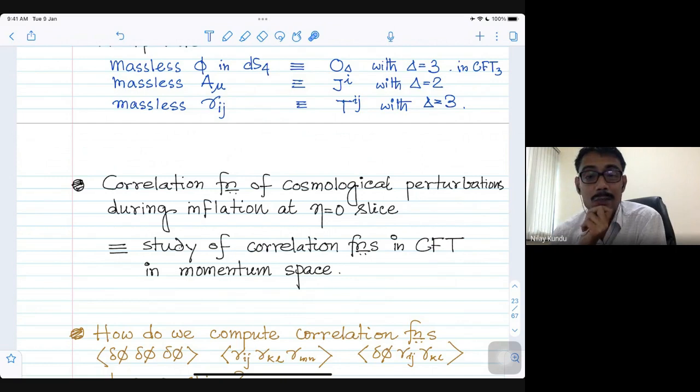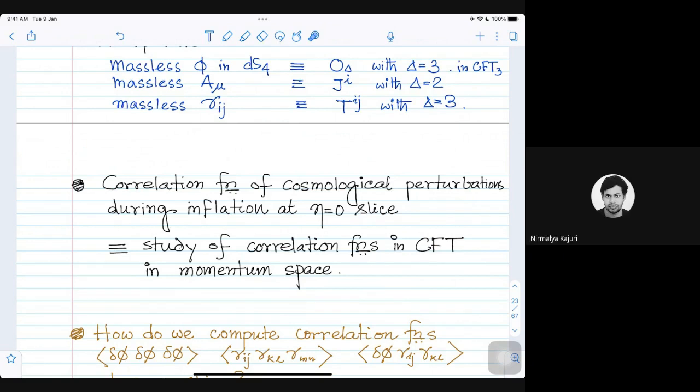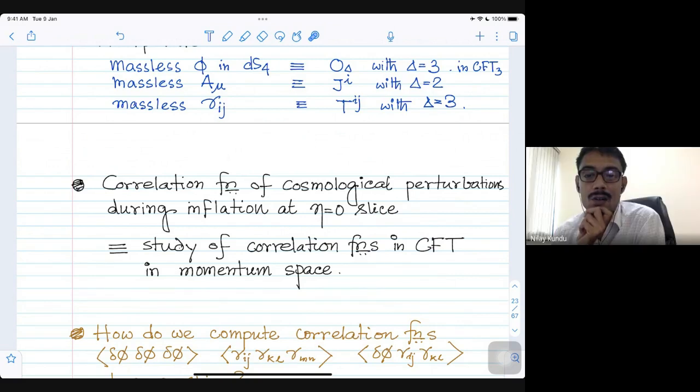What do you suggest, Nilay? Yes, so I think this may be a good time to stop, because I think this sets up the problem. If you want to continue, we can, but I think this is going really well. And yes, now I can discuss my own result, whatever we did in the last paper.